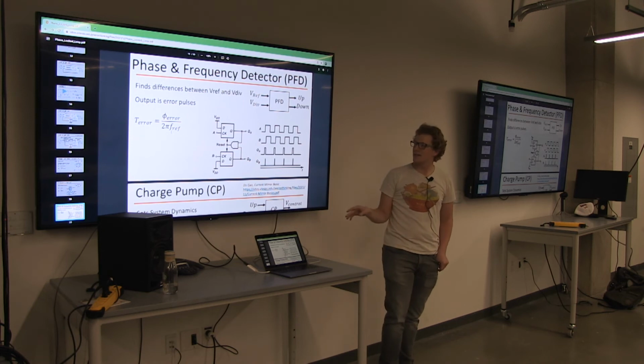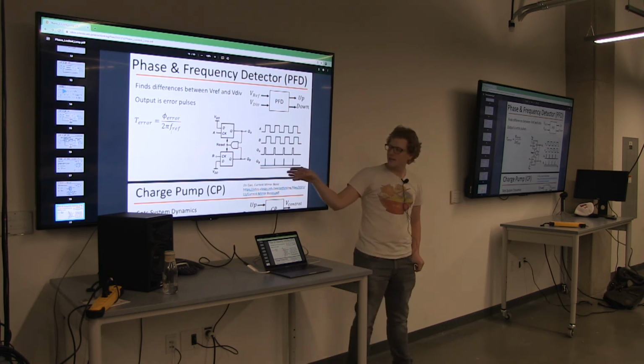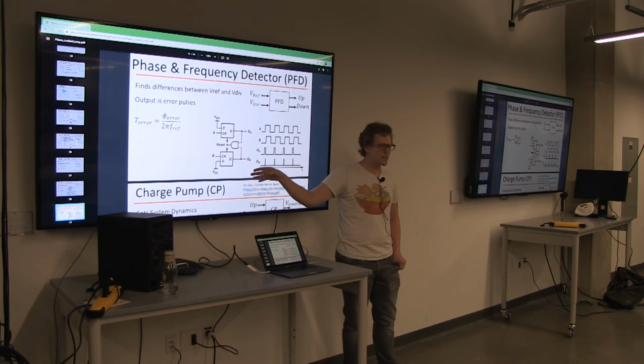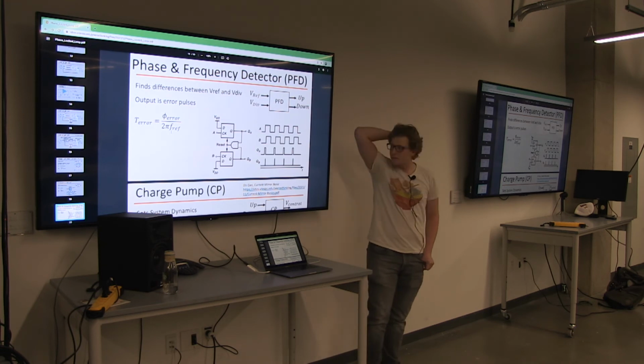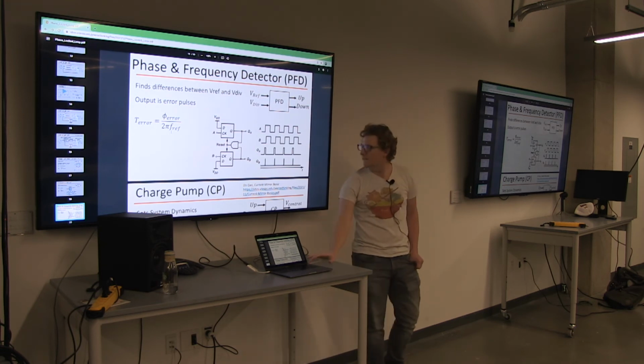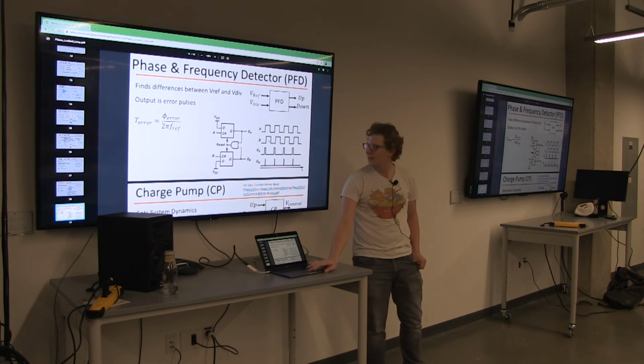If clock B is, for instance, your VCO or divided frequency, and clock A is your reference, imagine clock A arrives before clock B. That means there's some phase error in favor of the reference.